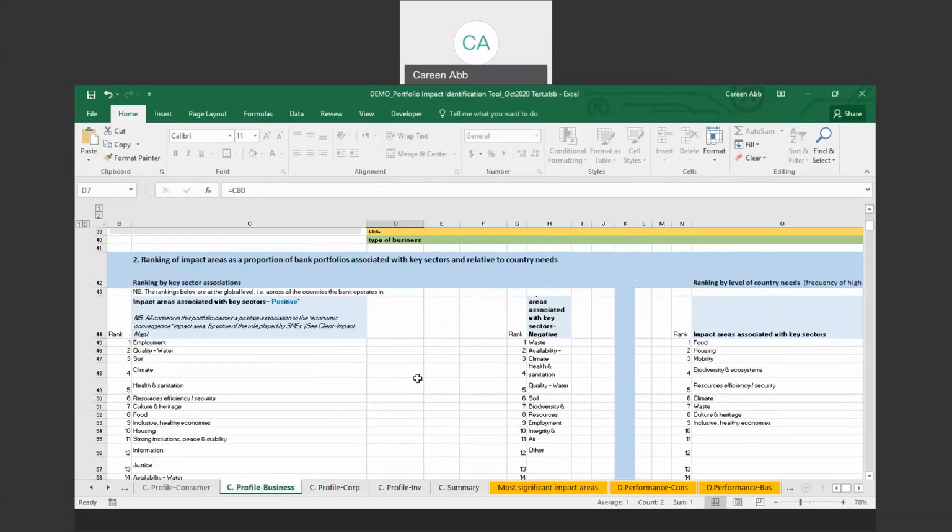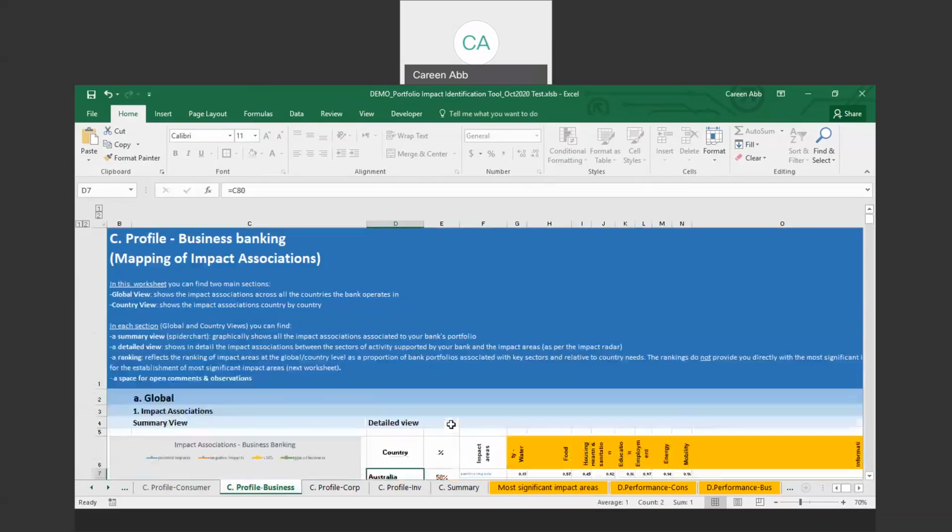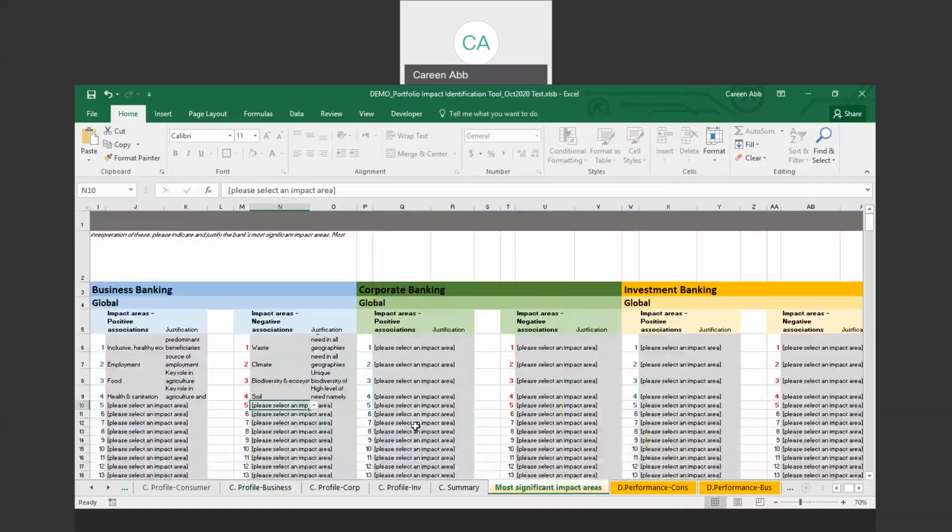The country needs are not shown here as they are in the country-by-country visualizations, for the simple reason that, of course, the level of need for these impact areas is different from one country to the next. With this information, as said, the idea is that you are able to identify your most significant impact areas.